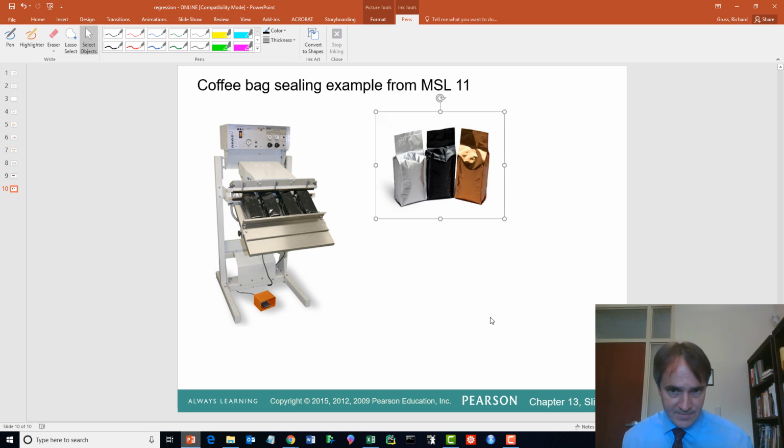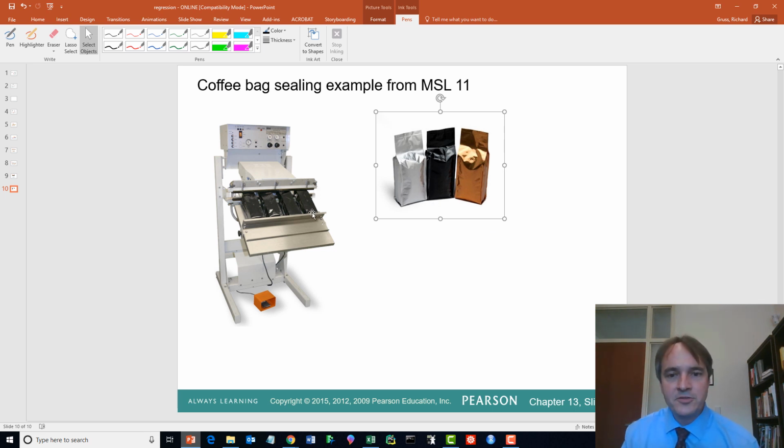Okay, so they need to have airtight. And when the customer opens the bag and they tear the bag, that interferes with the quality, because over time the coffee is going to taste worse and worse.